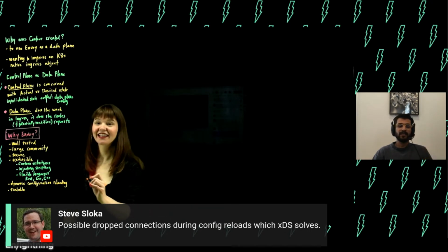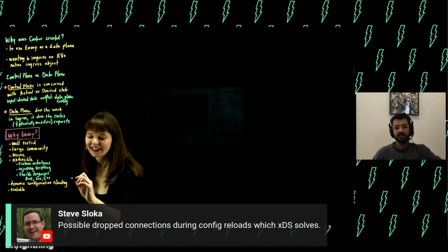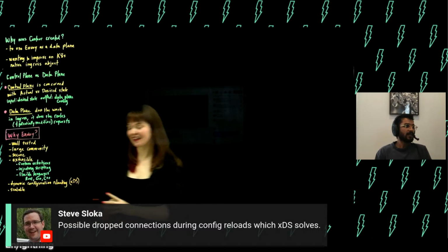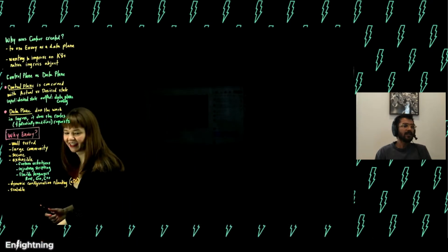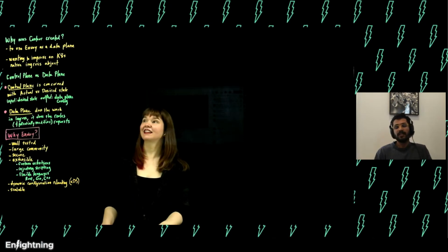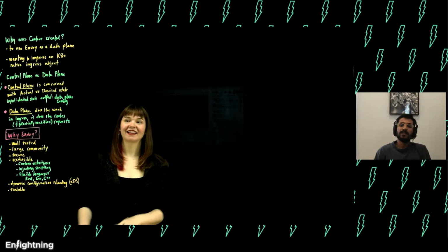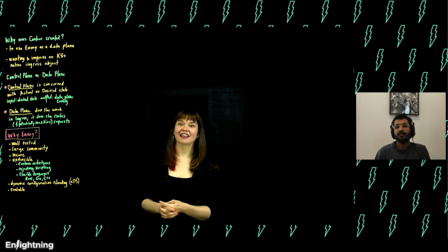has good support for, like, what's the word I'm looking for? Not consistency, but basically making sure that your configuration updates go through correctly, and that you can retry.